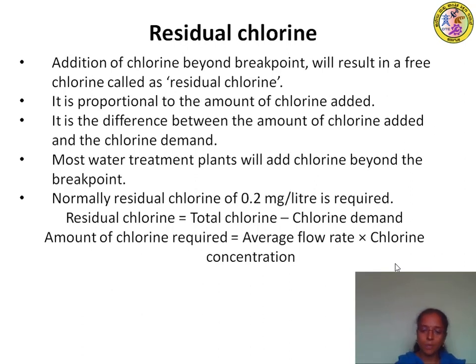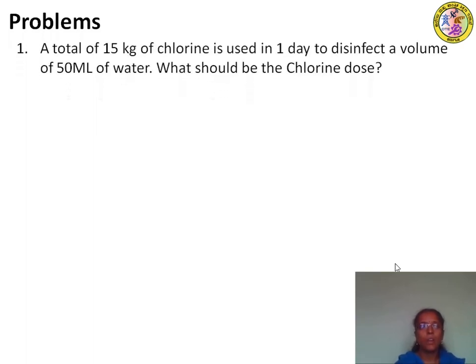So let us take up some simple numerical examples on chlorine demand. A total of 15 kg of chlorine is used in one day to disinfect a volume of 50 million liters of water. What should be the chlorine dose? Let us write the given data.